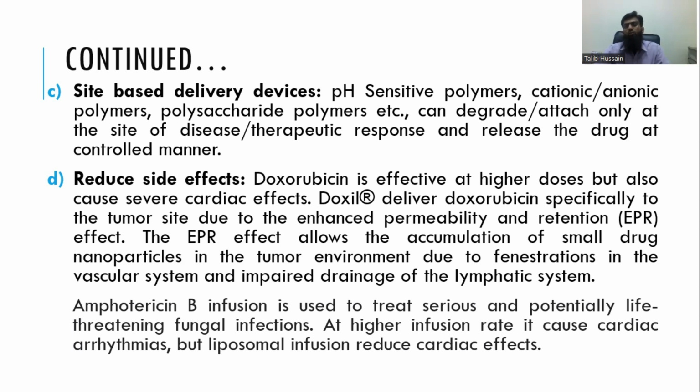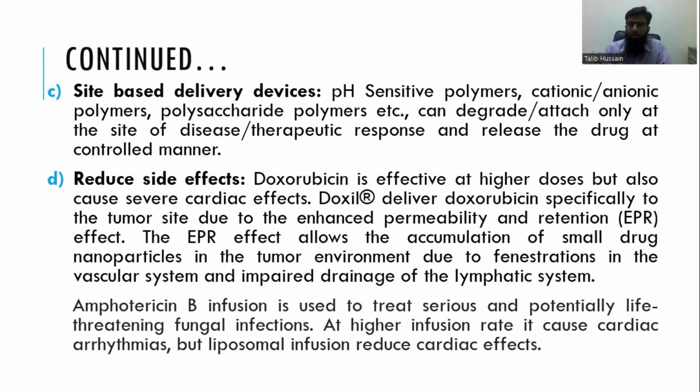They will move only and only to the site because it is a pH-sensitive polymer. So when they reach the specific pH, at that pH the polymer will dissolve, and the drug will be delivered at the site at which the polymer is dissolved.